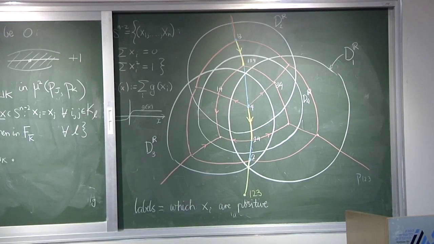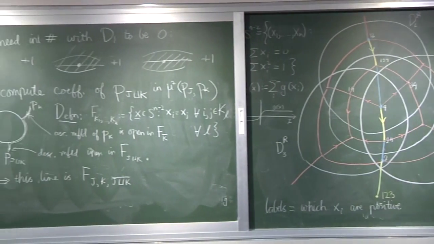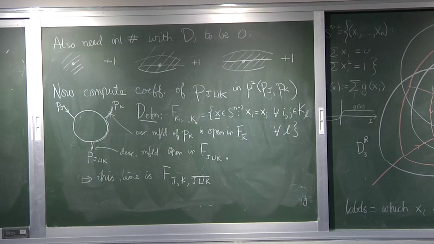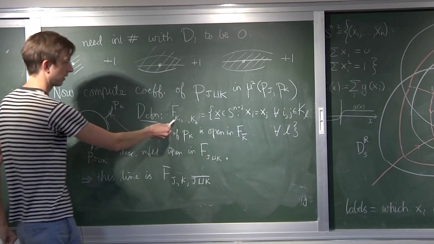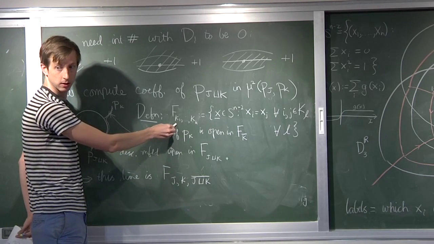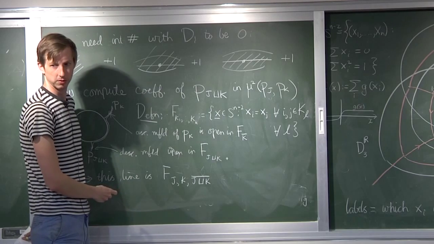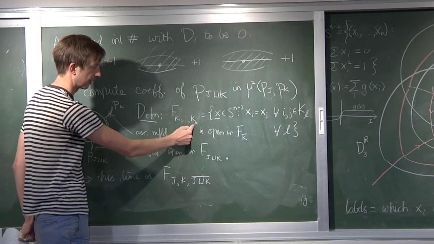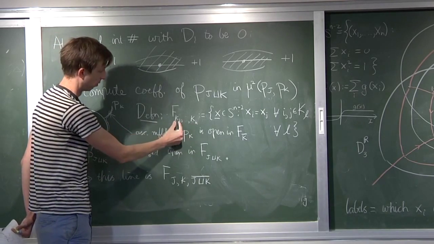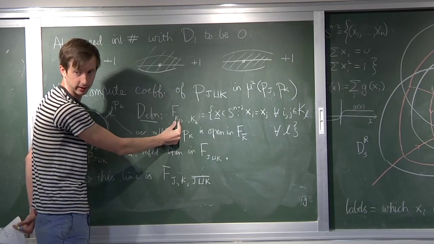The definition of the set F_{K1 to KK}, so it's the set of diagonals where x_i equals x_j for all i and j belonging to one of these sets. So for each of these sets, all of the corresponding coordinates inside it are equal.